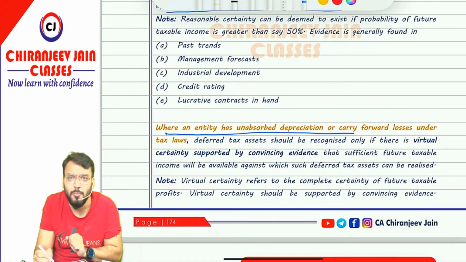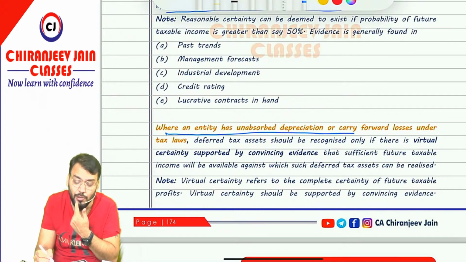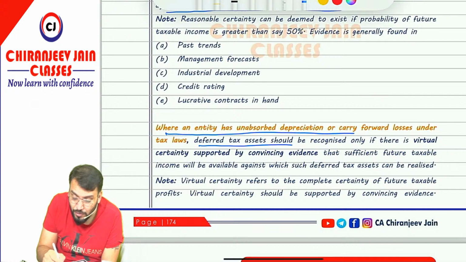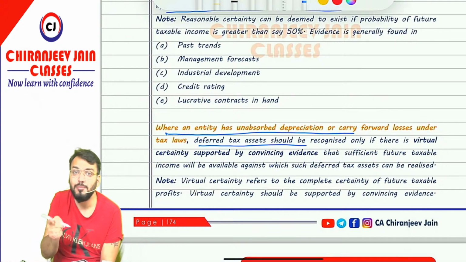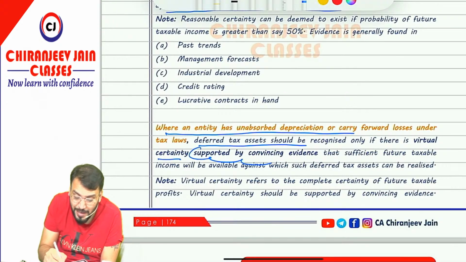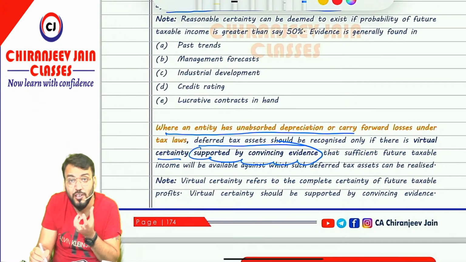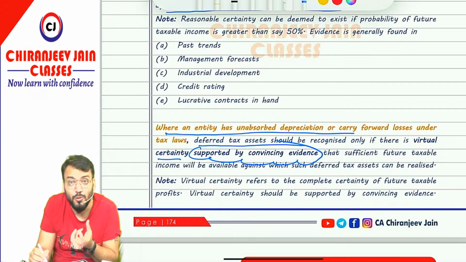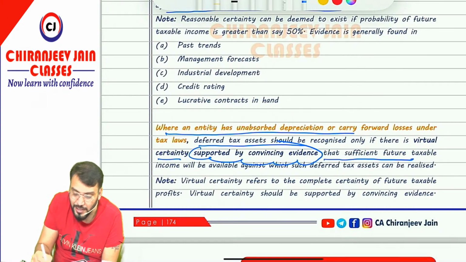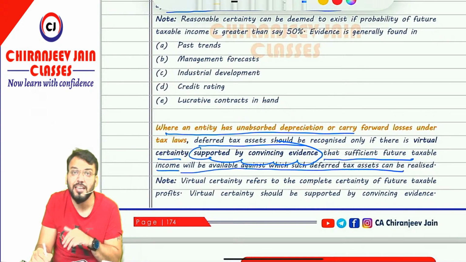In that case, AS 22 says that if you have tax losses in current year, DTA should be recognized only if there is a virtual certainty supported by convincing evidence, means chances should be more than 95%, that sufficient future taxable profit will be available against which such DTA can be realized. Then we can recognize DTA.